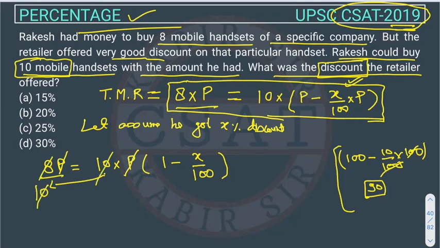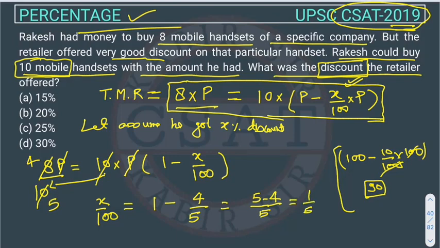Then we can cancel by 2. Now we will take 1 to this side, so the equation will become X upon 100 is equal to 1 minus 4 by 5. So this will be equal to (5 minus 4) by 5, equal to 1 by 5.